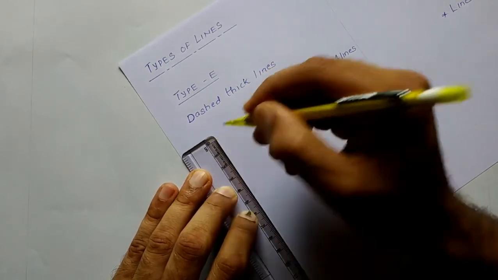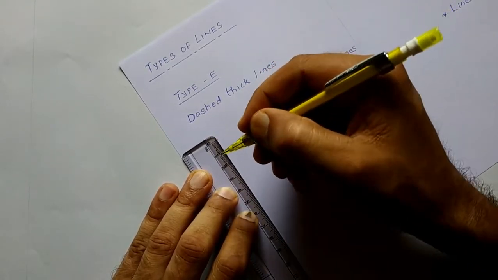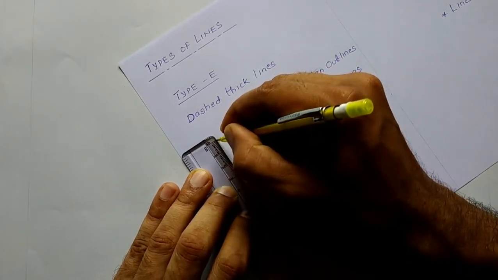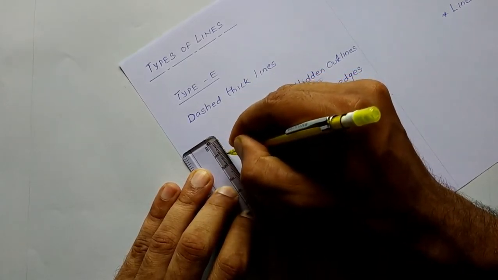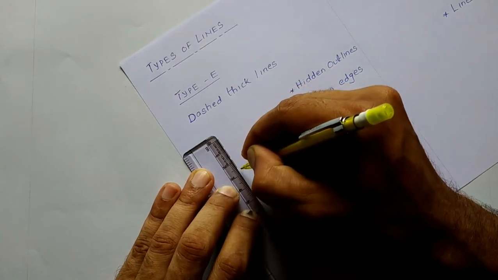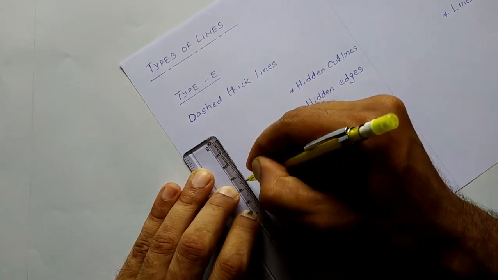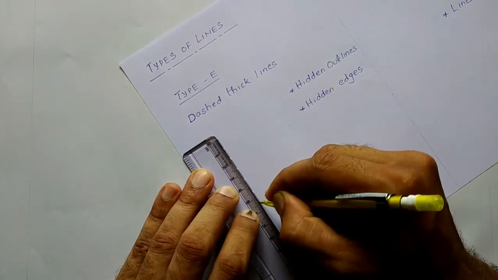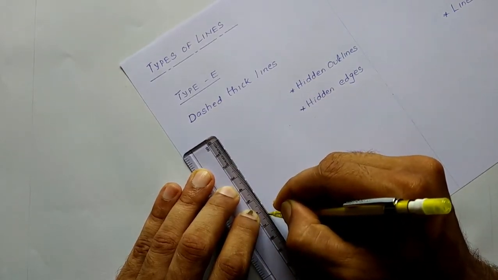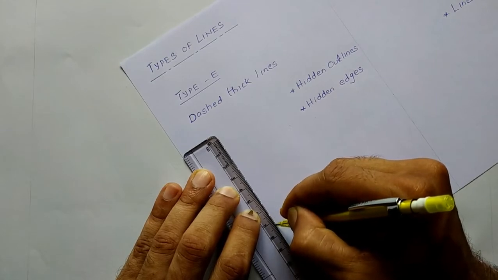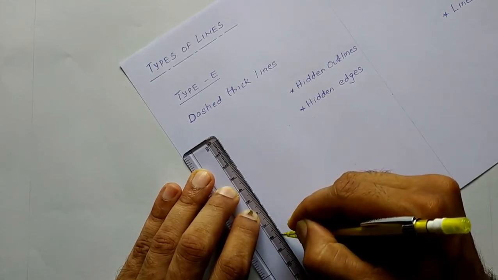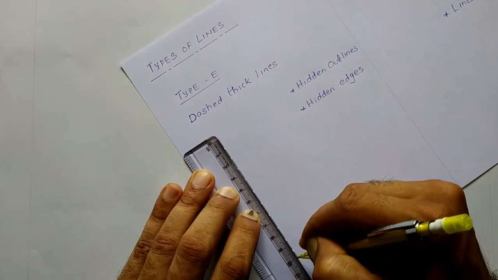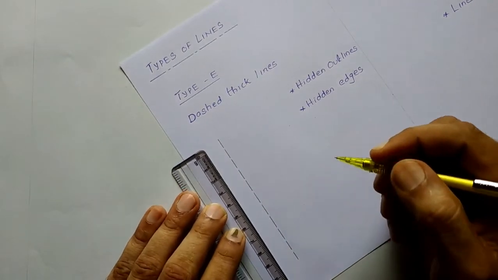I'm using a pencil, and you apply a sufficient amount of pressure on this pencil. So, line, another line. I'm putting small gaps. I am not drawing it as a continuous line. A small gap is there between the lines. Approximately it is 10 mm.